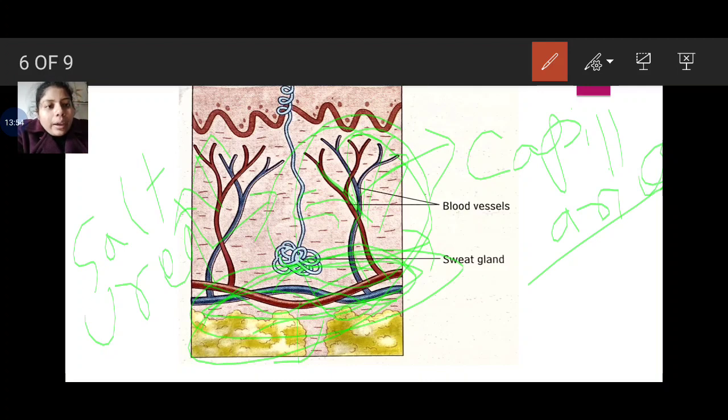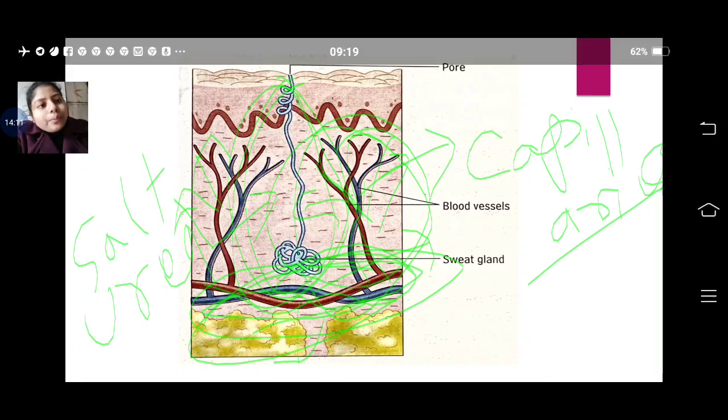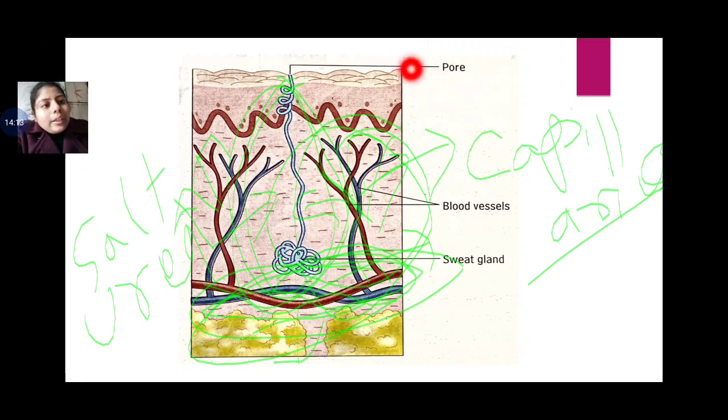Now, here you may see this is the sweat gland. This opens here on the top. You may see here the pore is written. This pore opens on the upper surface of the skin.